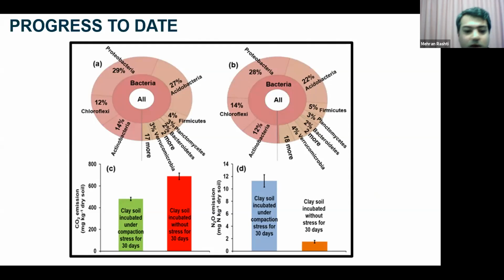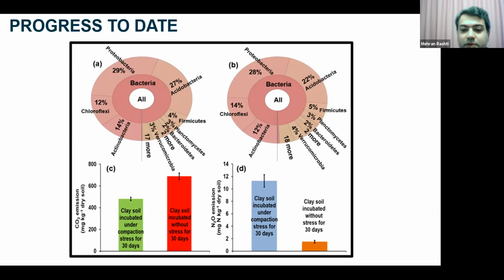And overall, if you're looking at carbon use efficiency and nitrogen use efficiency, you see that in a soil under compaction stress, the CO2 respiration decreases. But when you're looking at the loss of nitrogen through nitrous oxide gas, it increased significantly.